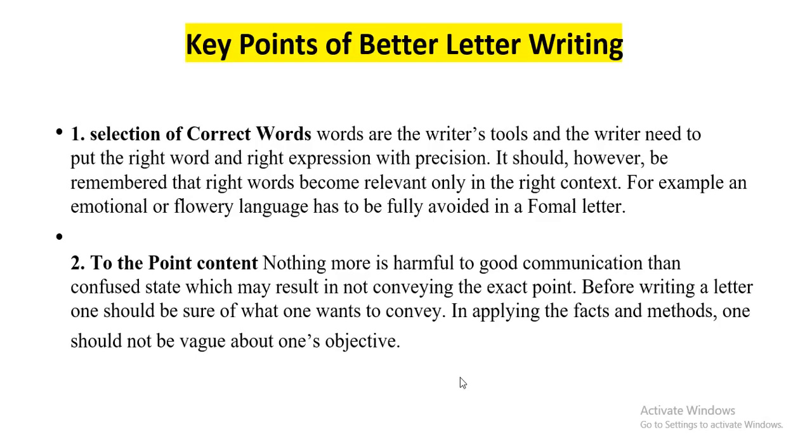Before writing, you have to have some pre-ideas in your brain. What will be my starting paragraph? What will I write at the very beginning, in the middle, and at last? That is what I need to convey.